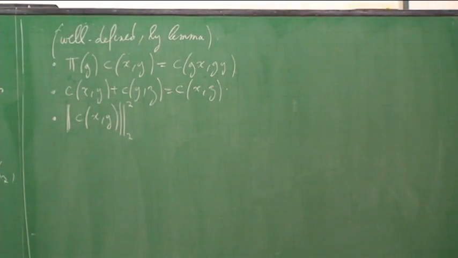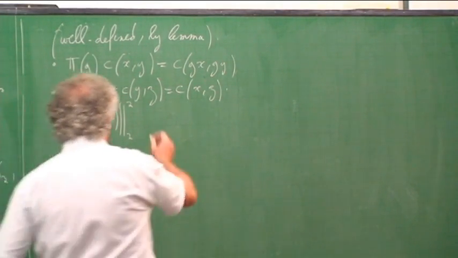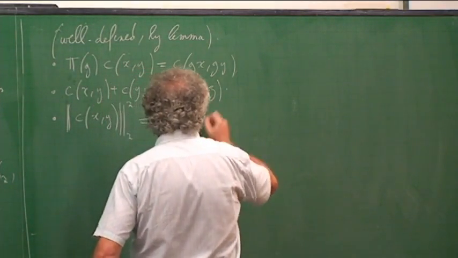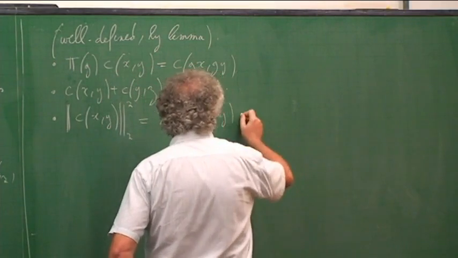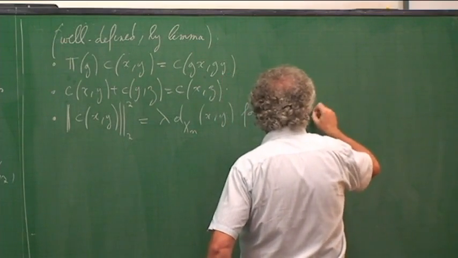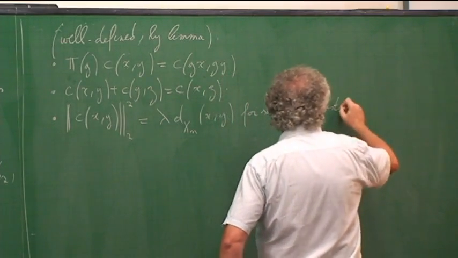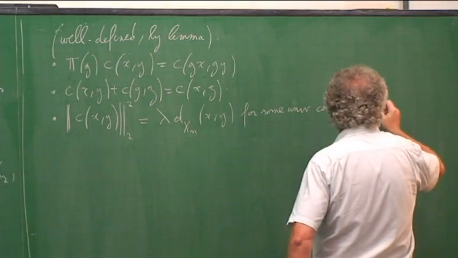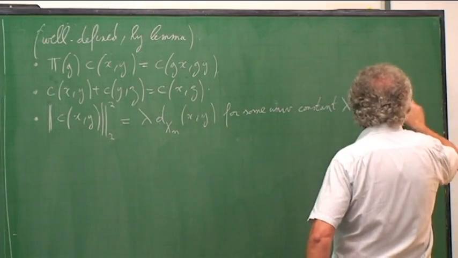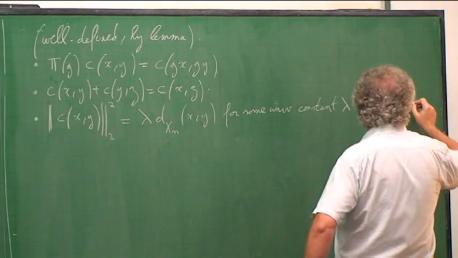Now what is the L2 norm squared of C of xy? Well, this is lambda times the hyperbolic distance between x and y, for some universal constant lambda only depending on the normalization of the measure.